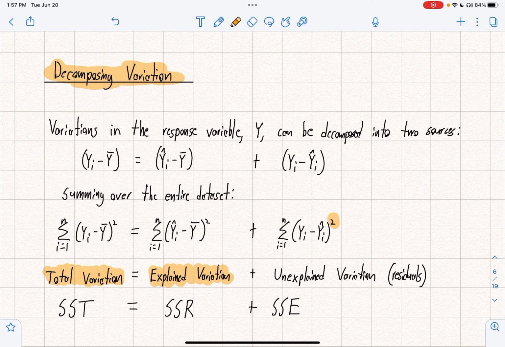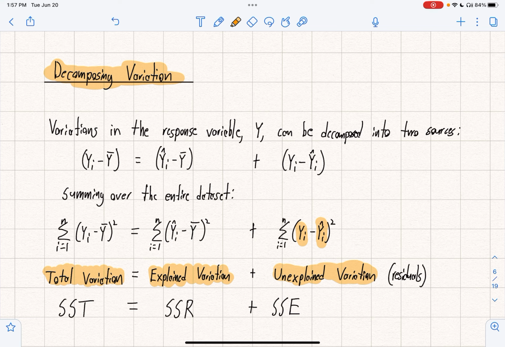By contrast, we then have our unexplained variation, or our residuals, which is the difference between our actual value of y and our estimated value of y. So we have this total amount of variation in our response variable y. Part of it is explained by the regression, part of it is not.